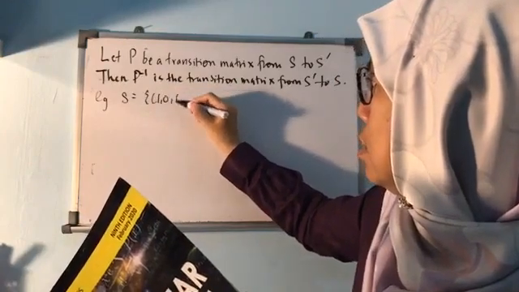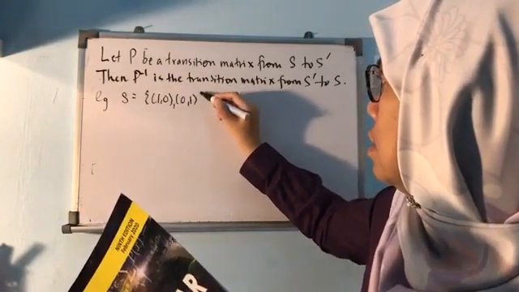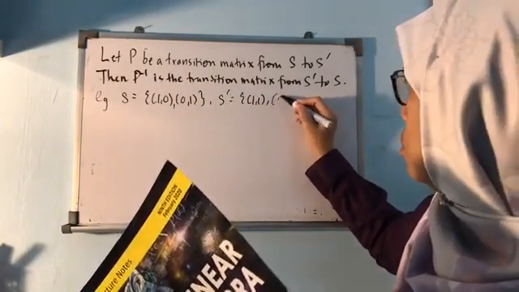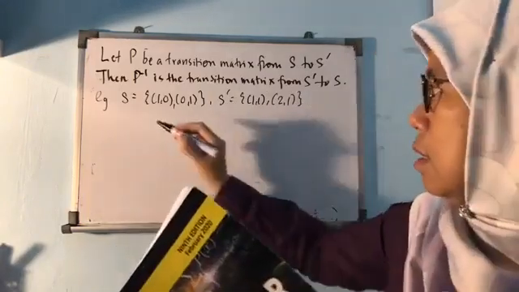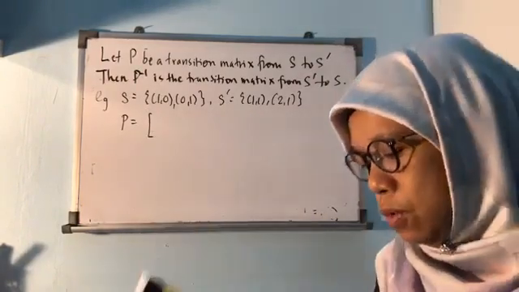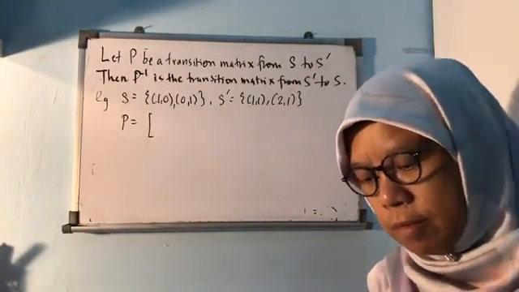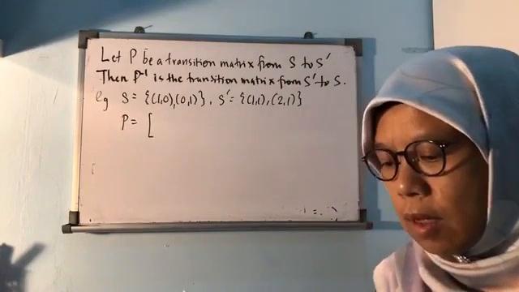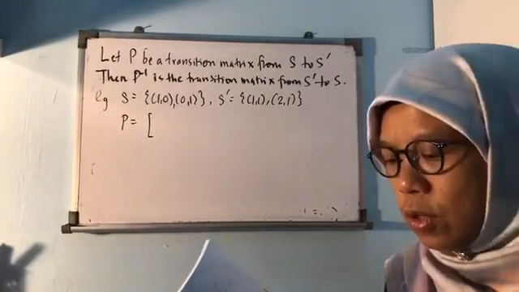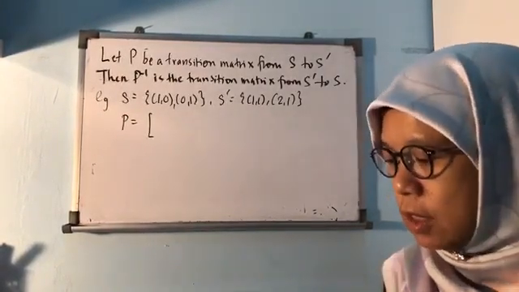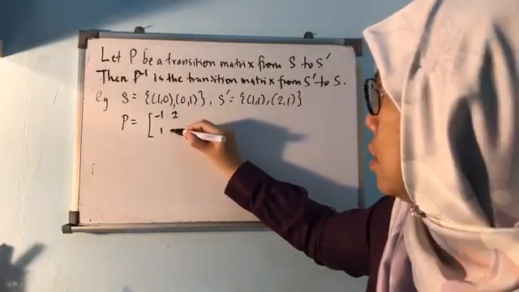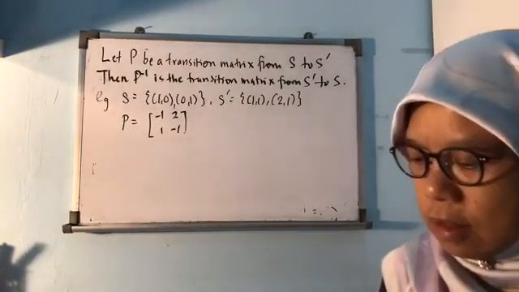S is 1 0 0 1, S prime is 1 1 2 1, and then just now we have P. This is example 3.26, yeah? P is equal to negative 1 1 2 negative 1.